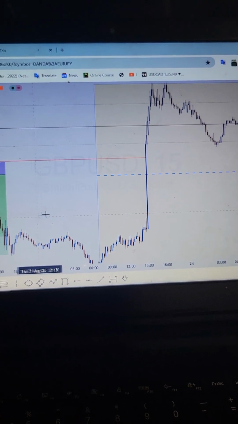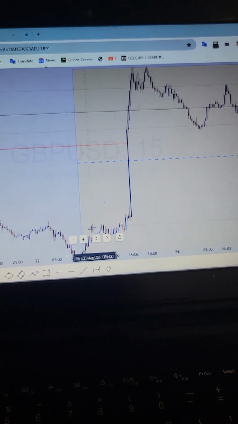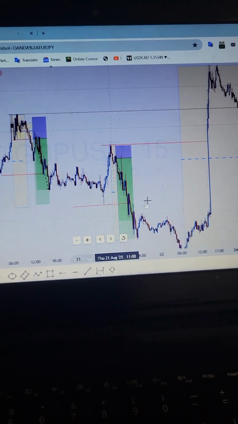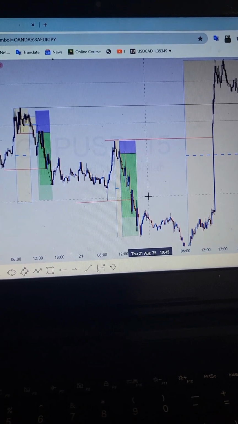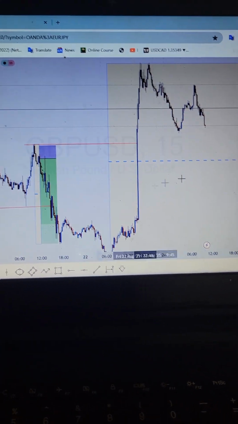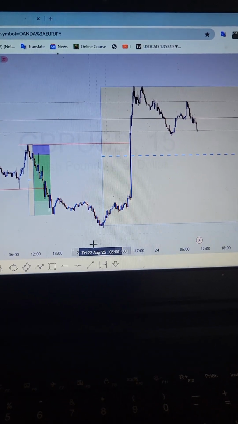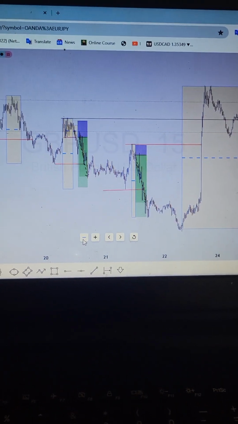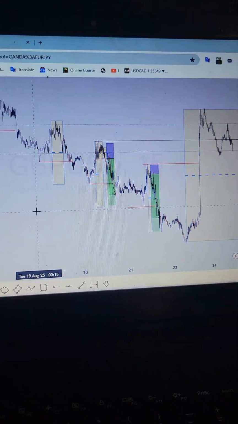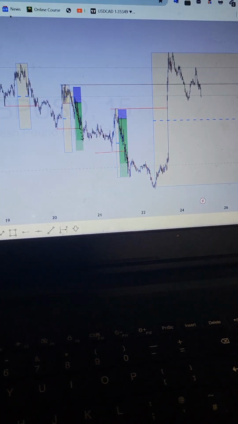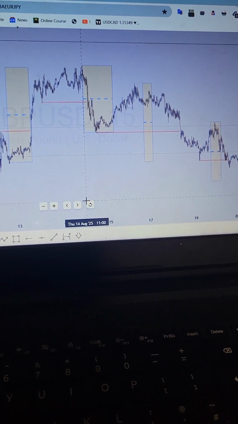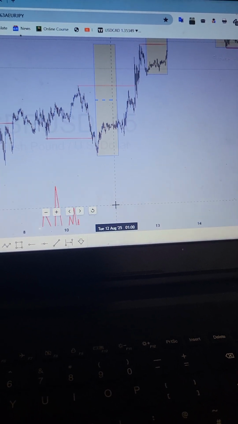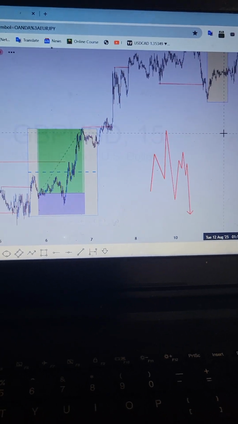So currently on GBPUSD, to be honest with you all, I am looking for a buy trade, which means I'm looking for a buy continuation. If you watch my chart, I've been selling. Let me show you some trade I took on GBPUSD. As you can see, this trade I took as well last week on GBPUSD.